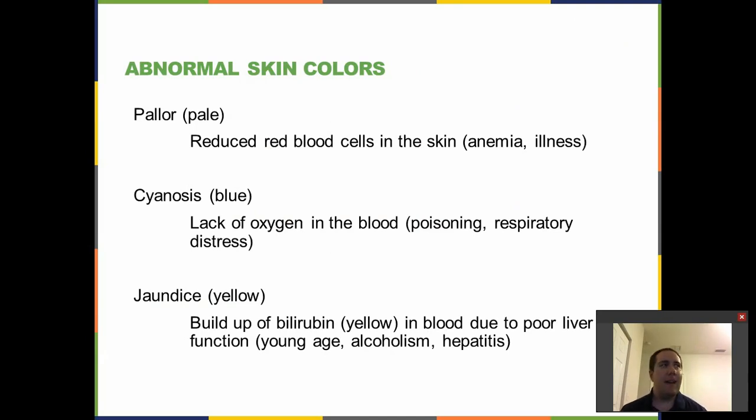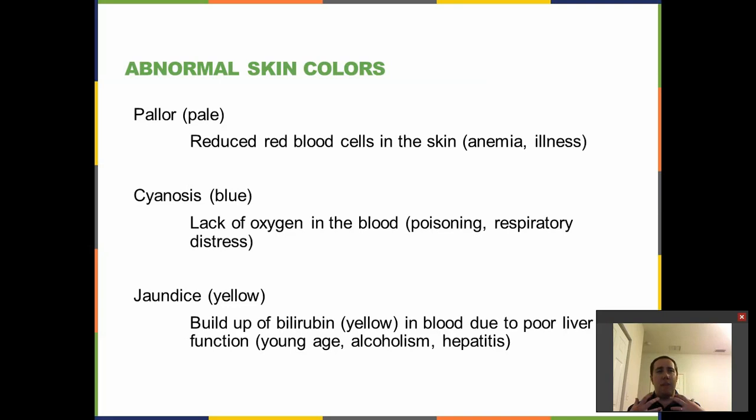So we have some skin colors that we consider abnormal. These are not a color that a person would normally be, and if we see a person this color, we can draw conclusions about what may be wrong with that person, why they might be sick. One of them is called pallor, which just means that they are pale.